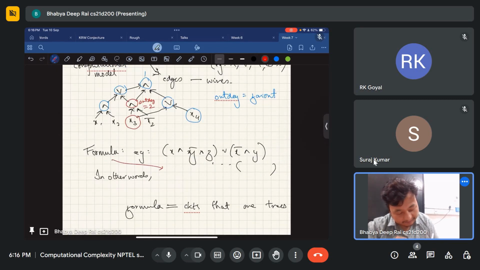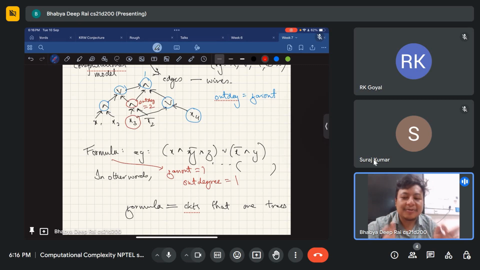But a formula is fan out strictly at most 1, that is, out degree is at most 1. So what do you call such DAGs whose out degree is at most 1? It is exactly what you call trees.